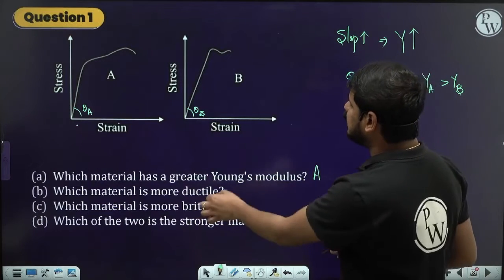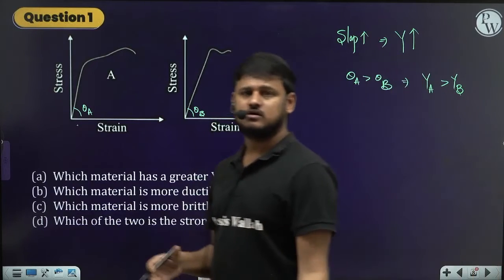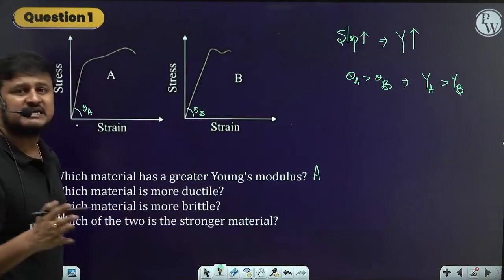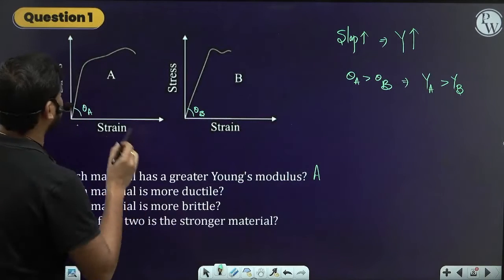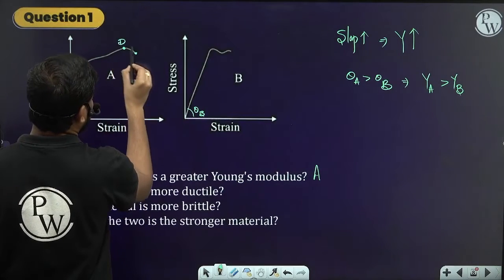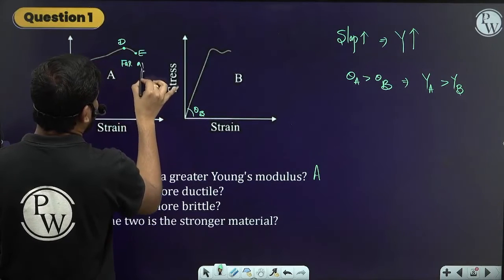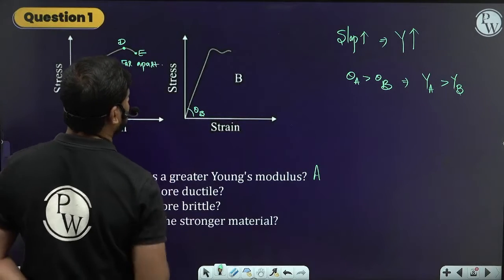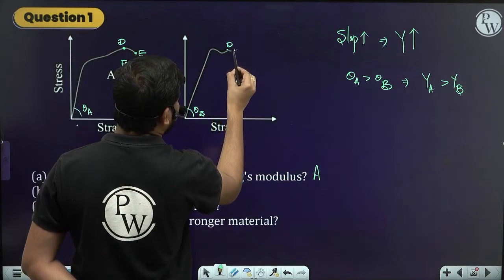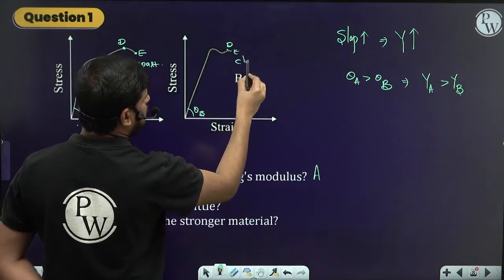Which material is more ductile? How do you tell the ductility property? This is the breaking stress point and this is the fracture point. For curve A, D and E are somewhat far apart. Here this point is D and this last point is E. For curve B, D and E are close.